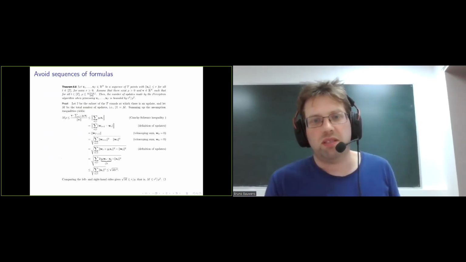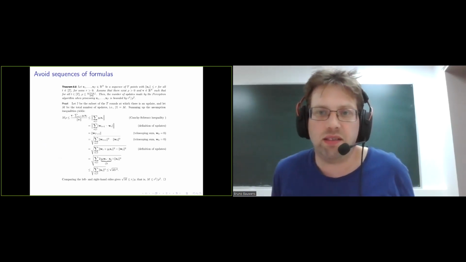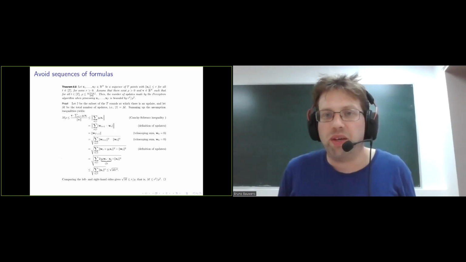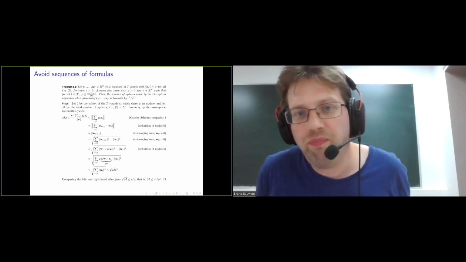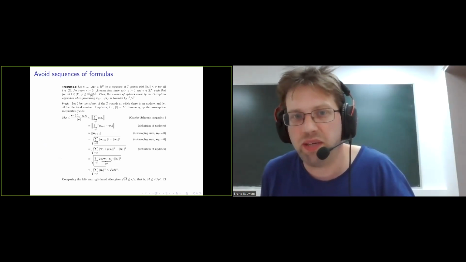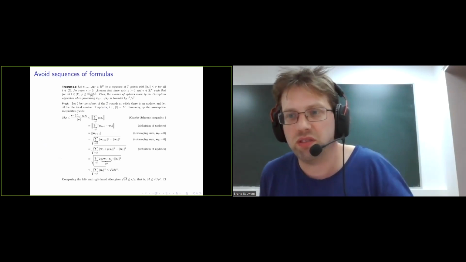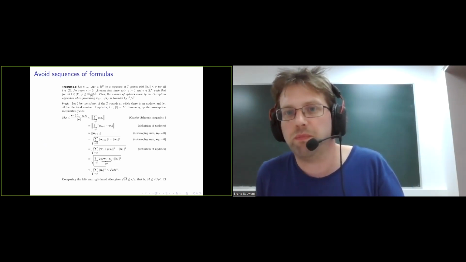I'm teaching statistical learning theory in the computer science department, and there is a topic where I have only terrible textbooks, and in the best one, half of the pages look like this. Half of the space is filled with sequences of formulas. This is very stupid.